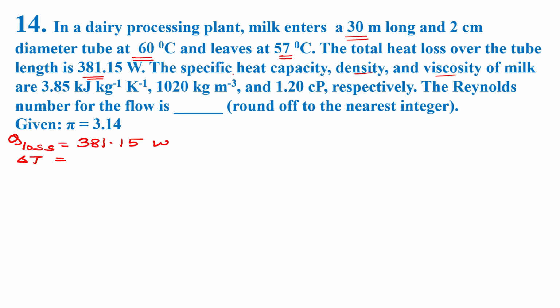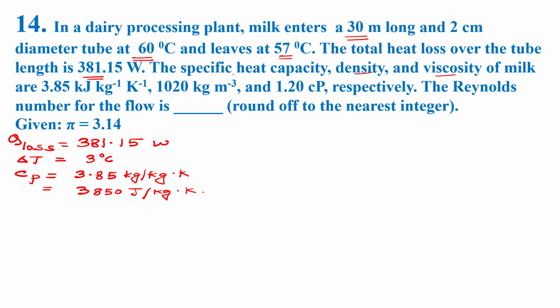Specific heat capacity, CP, is given to us as 3.85 kilojoule per kg Kelvin, or we can convert it to joule per kg Kelvin, that is 3850 joule per kg Kelvin. Now, density is given to us as 1020 kg per meter cube.